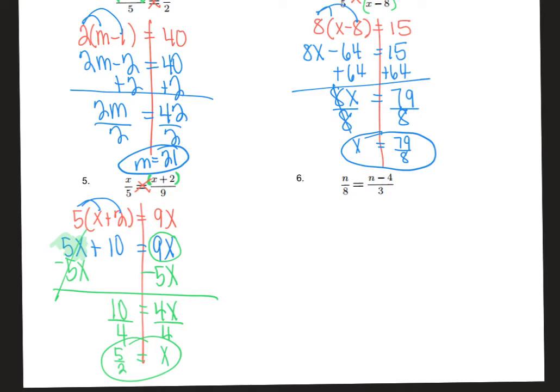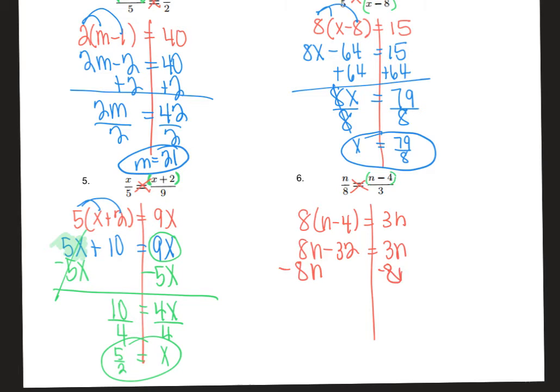All right, packaging that up, cross multiplying, we get 8 times n minus 4 equals 3n. We get 8n minus 32 equals 3n. We subtract 3n from both sides.